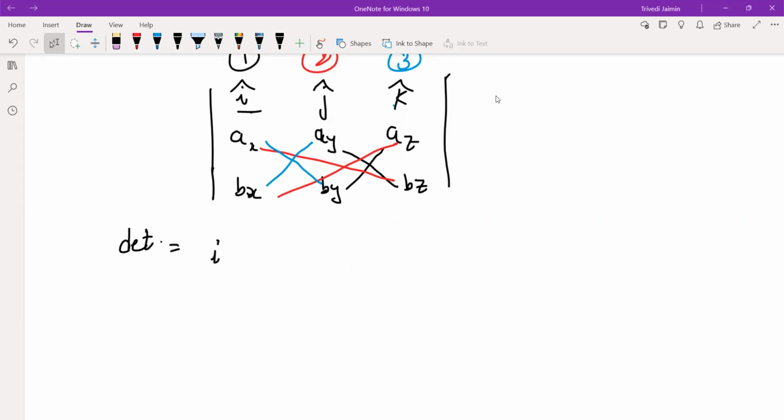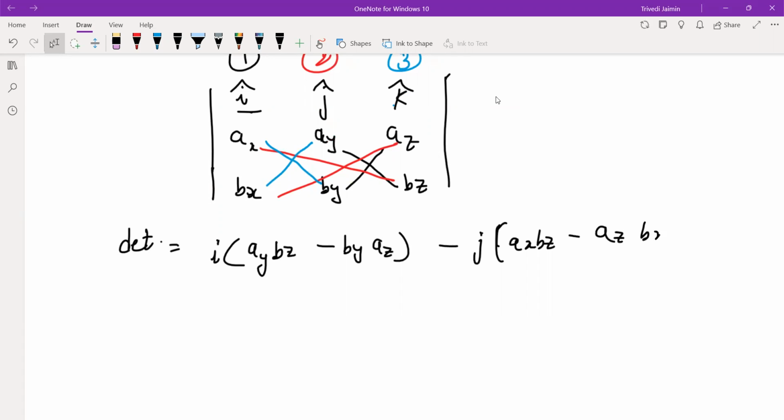So for I, what you will get? AY BZ minus BY AZ. Plus, minus of the J term. The second term will be minus: AX BZ minus AZ BX.